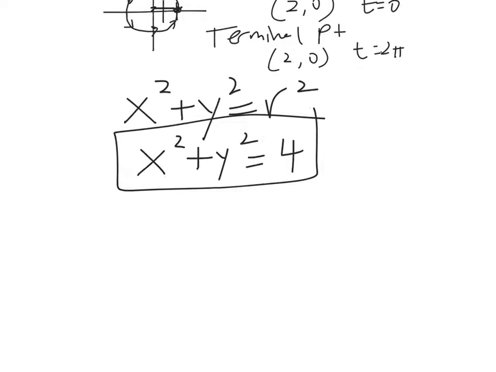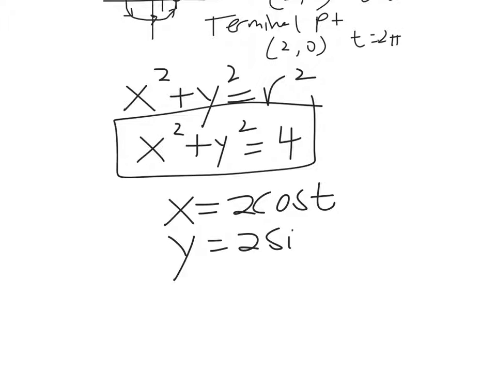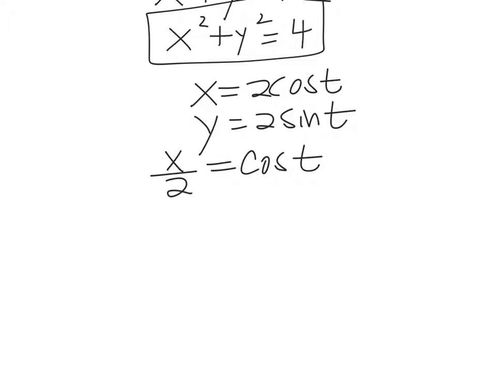Let me show you another way to do this if you ever didn't know the equation of a circle. So we have x equals 2 cosine t, and we have y equals 2 sine t. Go ahead and divide by 2 on both of them. So you get x over 2 is cosine t, and y over 2 equals sine t.